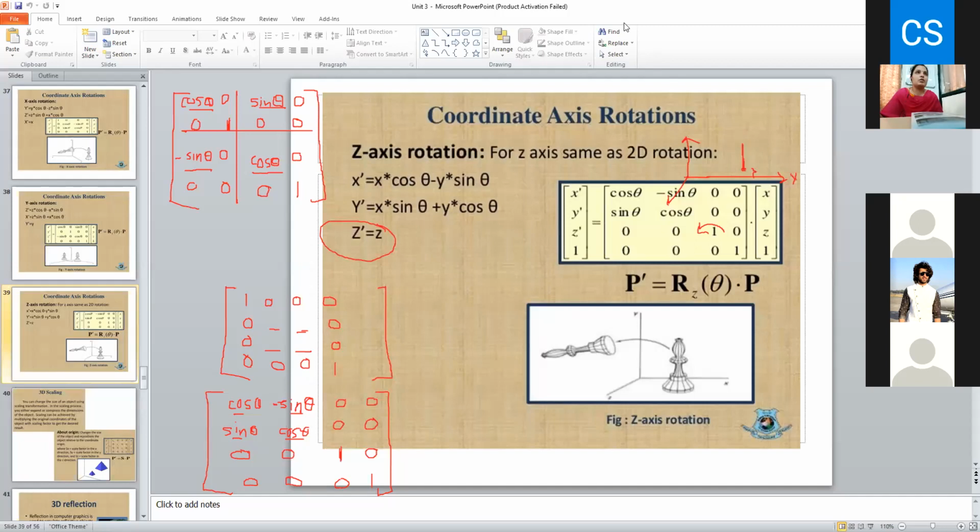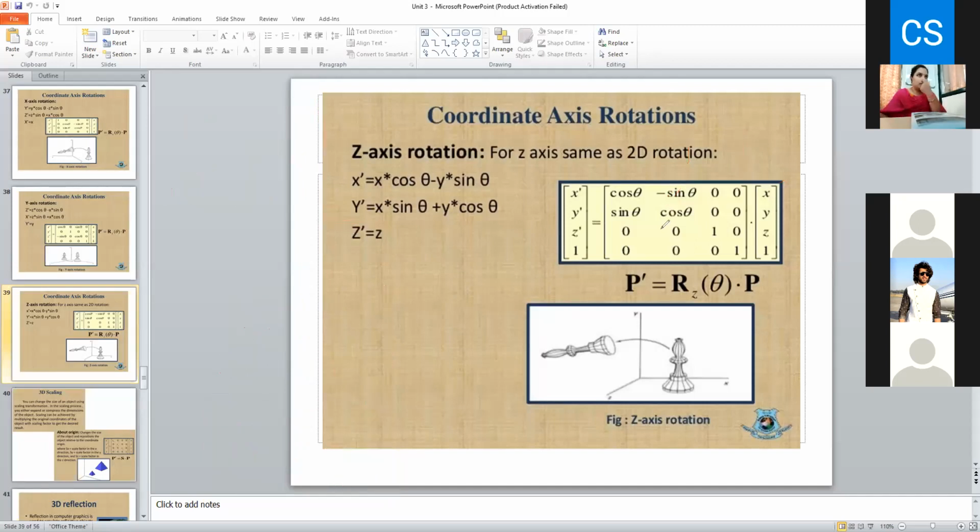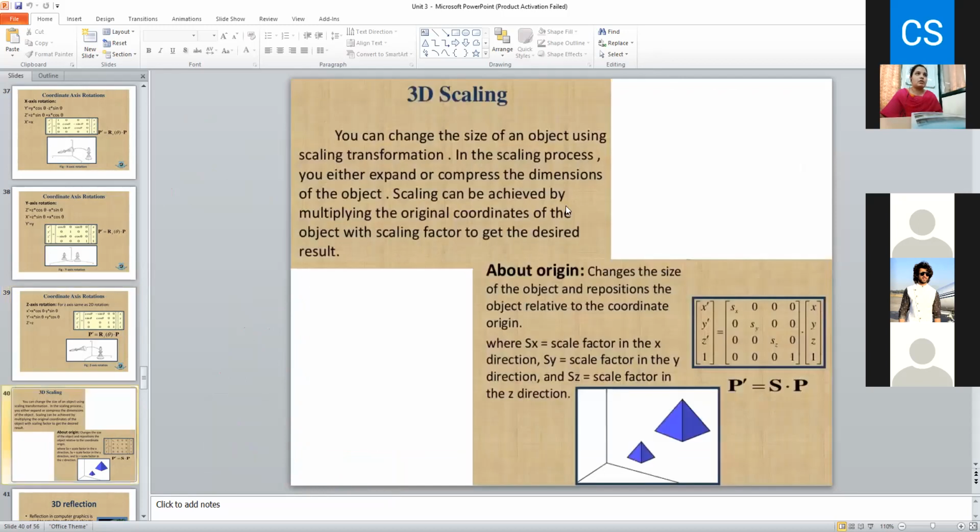So let me clear all these things, and we will see the next point, which is scaling. I have already discussed that the diagonal elements are responsible for scaling, where it is Sx, Sy, and Sz. In the same manner, if Sx, Sy, Sz are greater than 1, it means we are expanding the object.